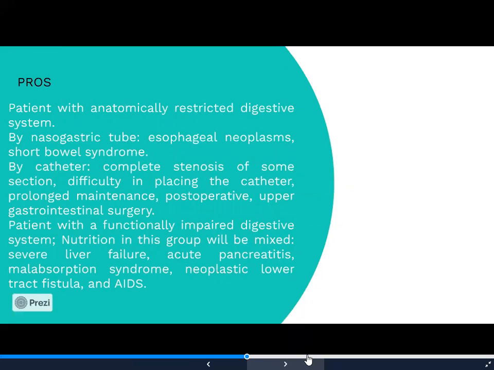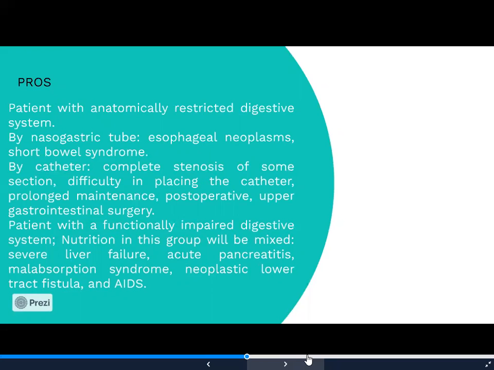Patients with an anatomically restricted digestive system, by nasogastric tube: esophageal neoplasm, short bowel syndrome by catheter. Complement: stenosis of the zone, difficulty in placing the catheter, prolonged maintenance, post-operative gastrointestinal surgery.